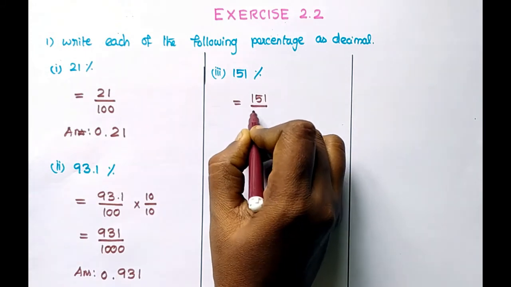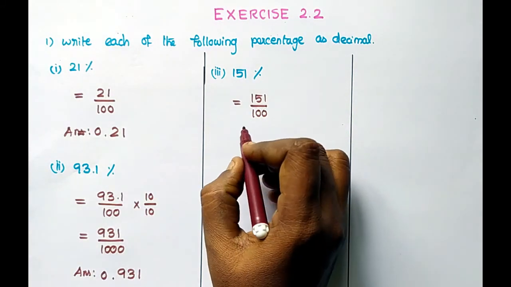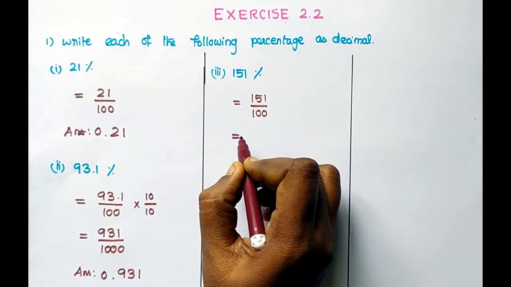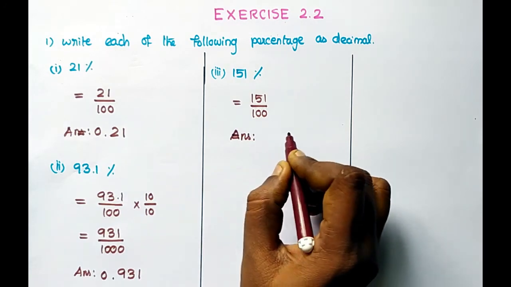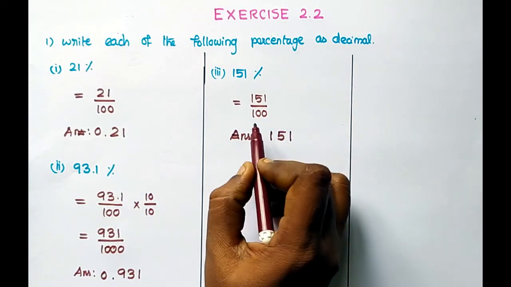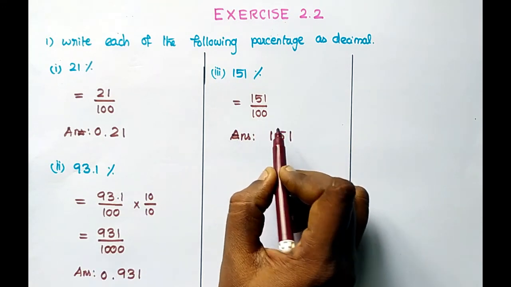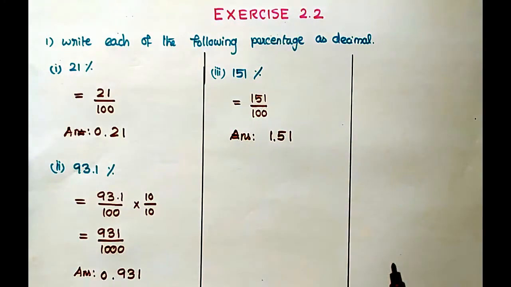Next one, 151 percentage. 151 divided by 100, that is the meaning for percentage. So what's the answer in decimal? In the denominator 2 zeros are there, so before 2 digits we have to keep the point, means 1.51 is the answer.